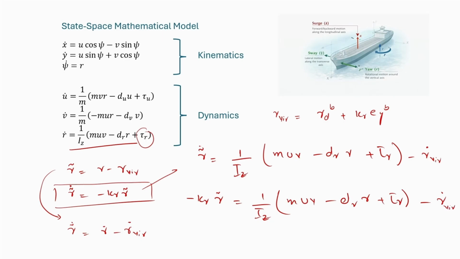Okay, so now simply I have to multiply this Iz throughout on the left hand side and right hand side. With this term it will cancel out and it will be written over here. So let's do that in the next slide. We will obtain the equation after multiplying Iz on the left hand side and right hand side like this.